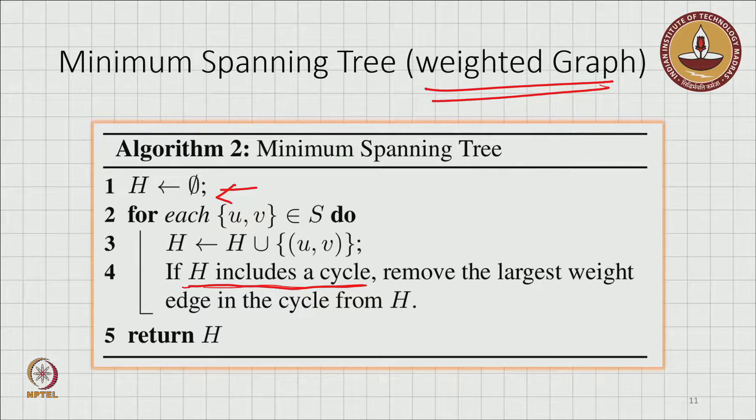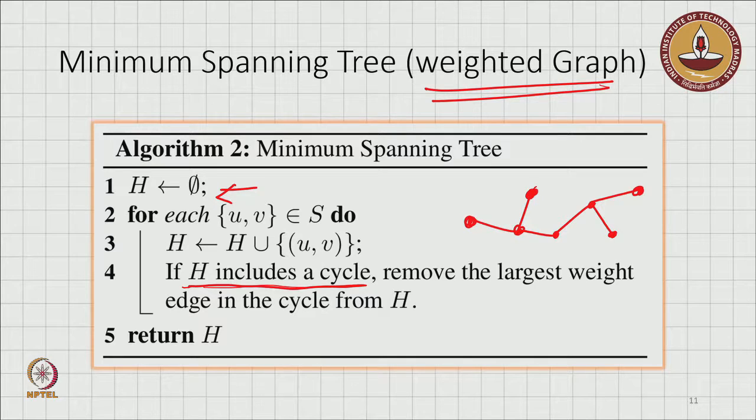If that created a cycle, we need to be a bit careful now. Whenever a cycle is created and we want to maintain a minimum spanning tree, in that cycle we can safely remove the largest weight edge. So let's say we have currently a graph that looks like this.